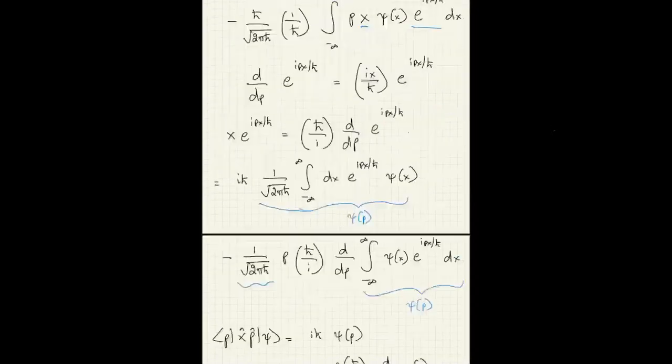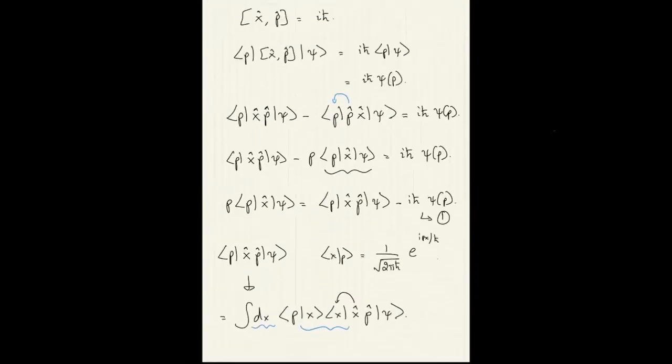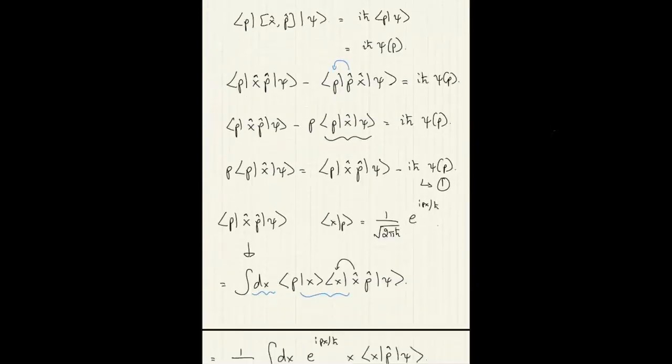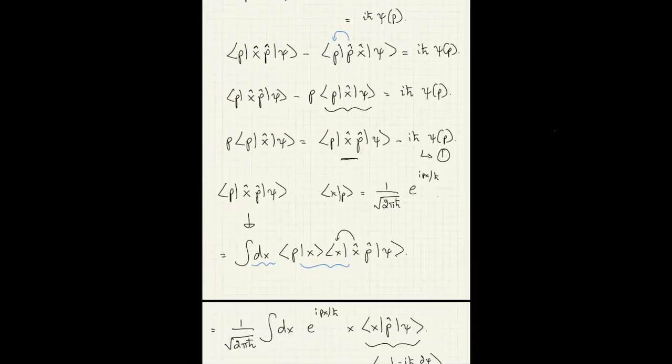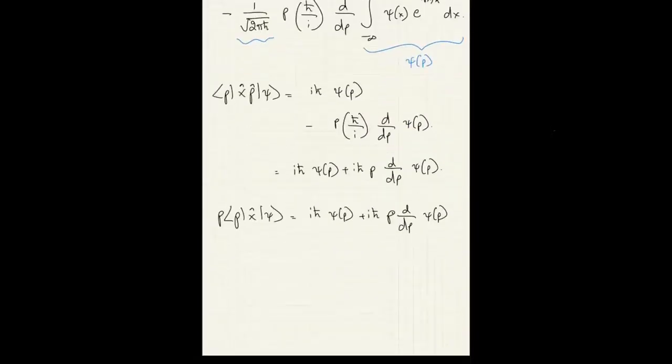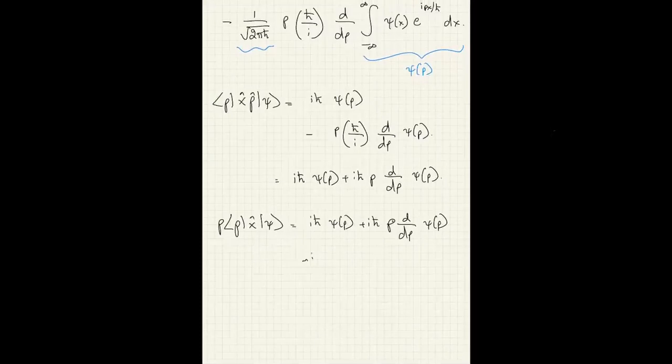That is the first term, which is this, minus i h bar psi of p. Okay, and you notice that this and this cancel, leaving me with i h bar p d dp of psi of p, excuse me.